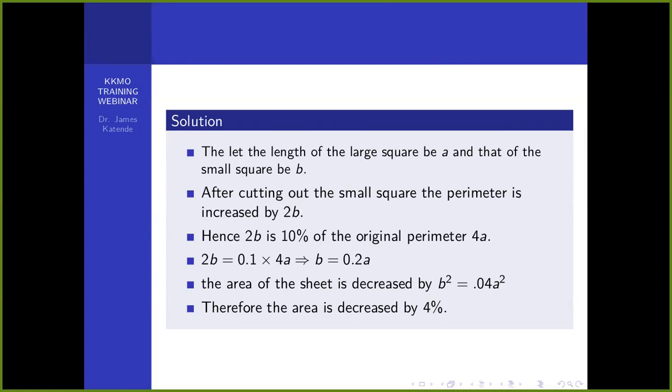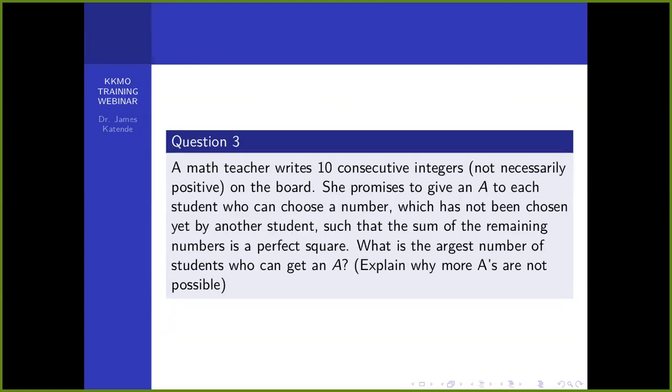Okay, so we will move to the next question. This one may need a bit more work, but I will read it. A math teacher writes 10 consecutive integers on the board. They don't have to be all positive.